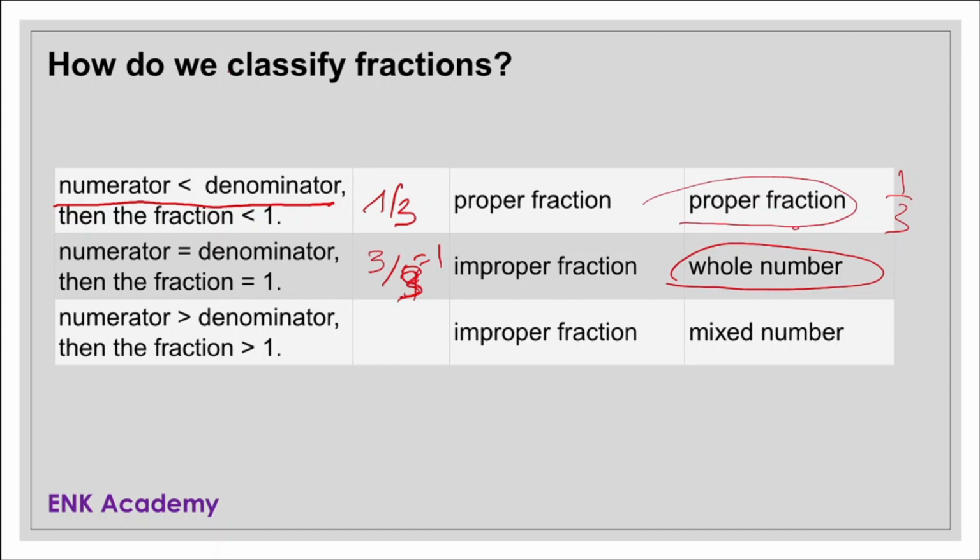However, if the numerator is greater than the denominator, we talk about an improper fraction and it can be represented as a mixed number, in this case 1 over 3.